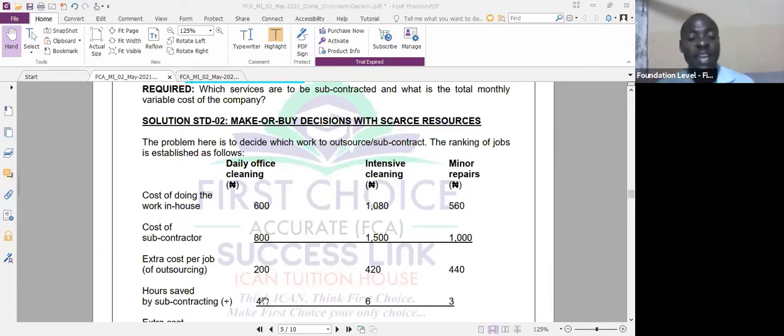I mean, not 4 naira, 4 hours. Okay, now 4 hours is what you are saving for doing the job by a contractor.